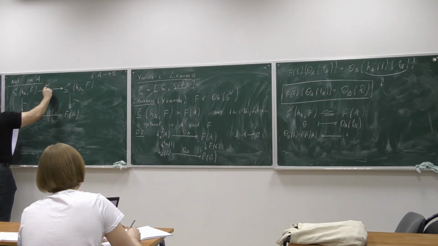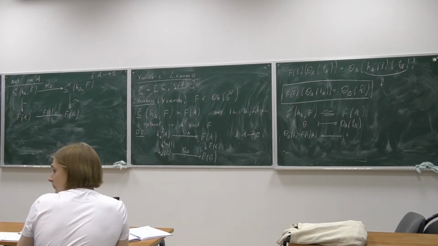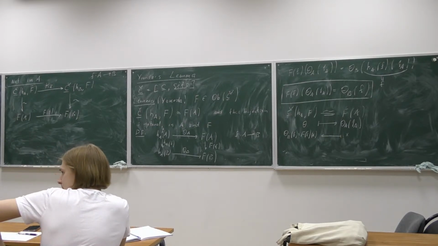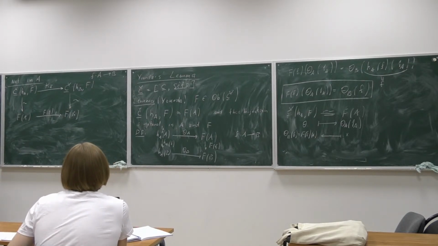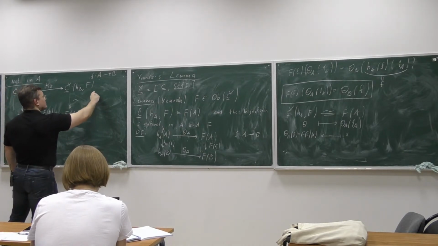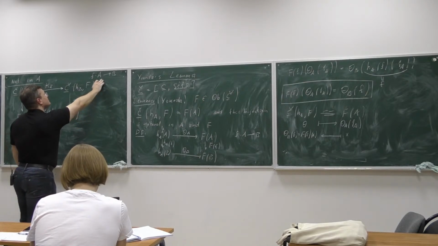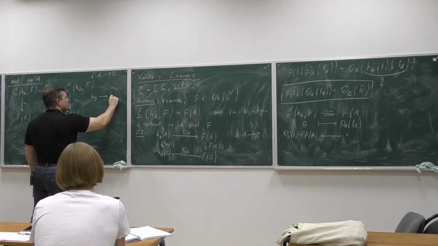So let me call this capital HF. You get only a map from HB to HA. Well, let's check this. So if I have a map like this, then I have a map from HB to the HA, right?